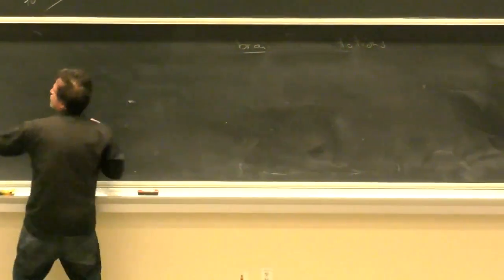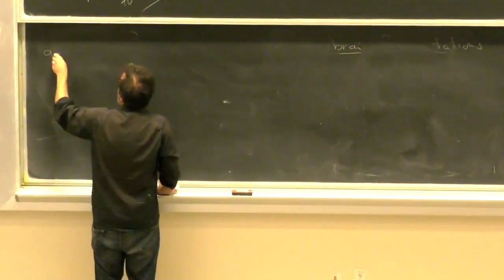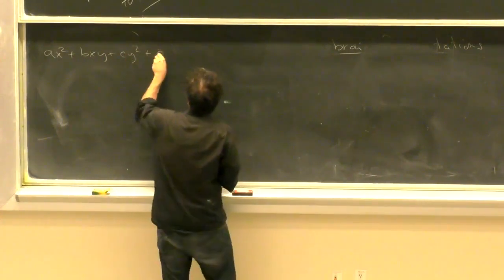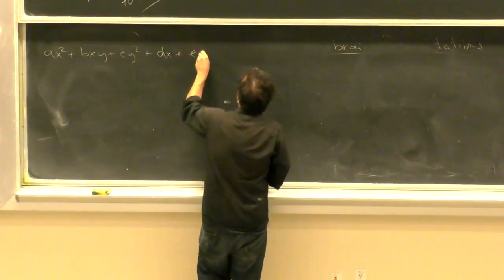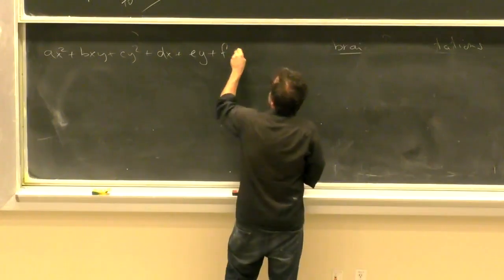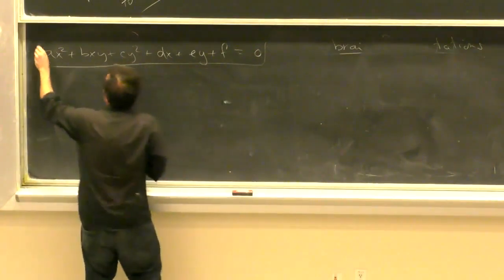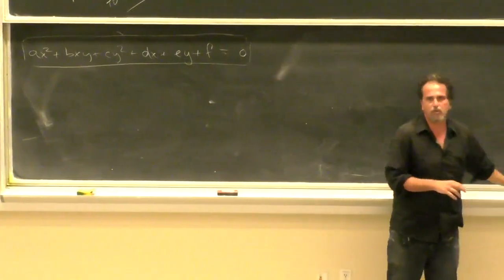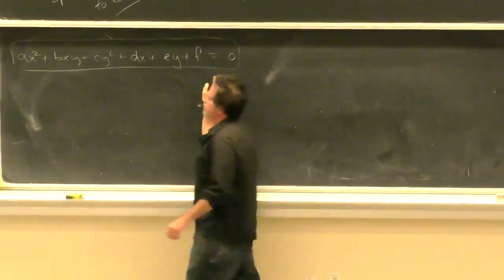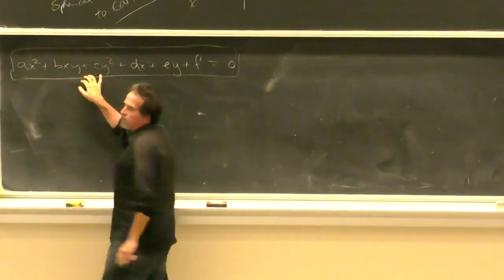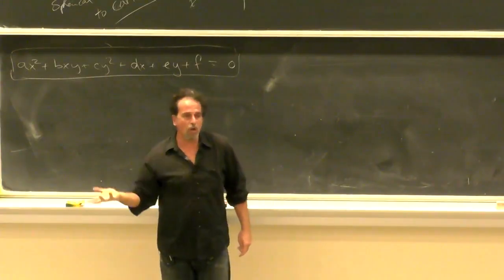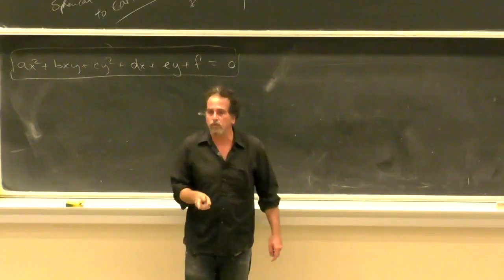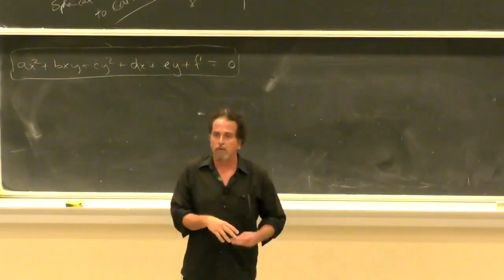I'm just going to try to write the most general one: ax squared plus bxy plus cy squared plus dx plus ey plus f is equal to 0. This is a general quadratic form. What makes it a quadratic form is that the highest power is 2.